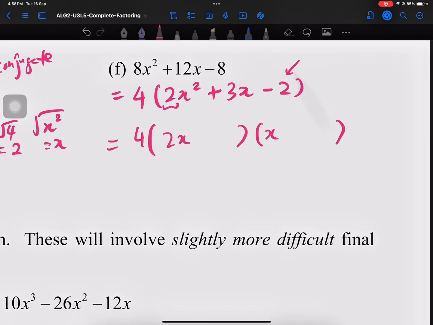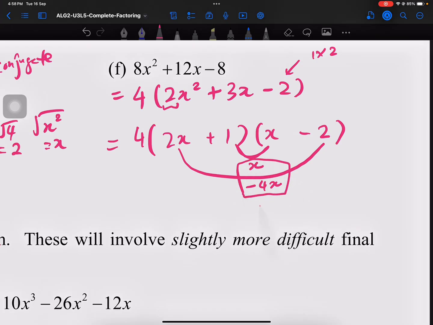To get negative 2, it is 1 multiply 2. So if we put plus 1 and minus 2, we try: 1 multiply x is x, 2x multiply 2 is negative 4x. Then when we add this, it becomes minus 3x. Wrong, because we want a plus 3x.